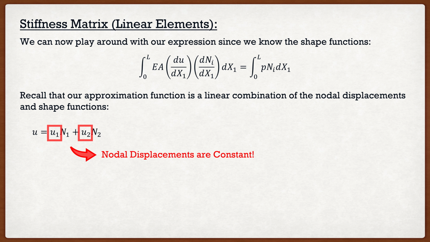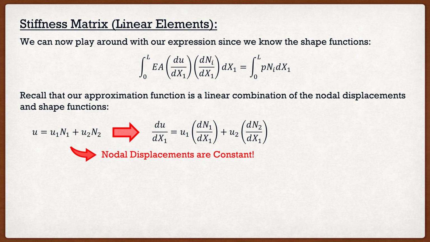Therefore, if I take the derivative of this approximation function, U1 and U2 are constant, so they don't really apply. So the derivative of our displacement function with respect to x1 is simply going to be U1 multiplied by the derivative of N1 with respect to x1 plus U2 multiplied by the derivative of N2 with respect to x1. Now I'm going to do something that you will all hate, and represent this in more of a vector format.